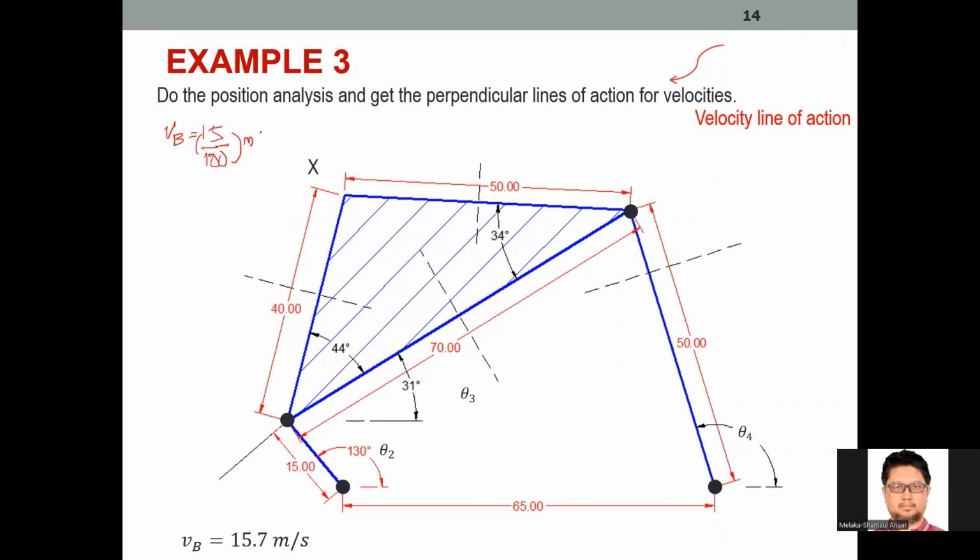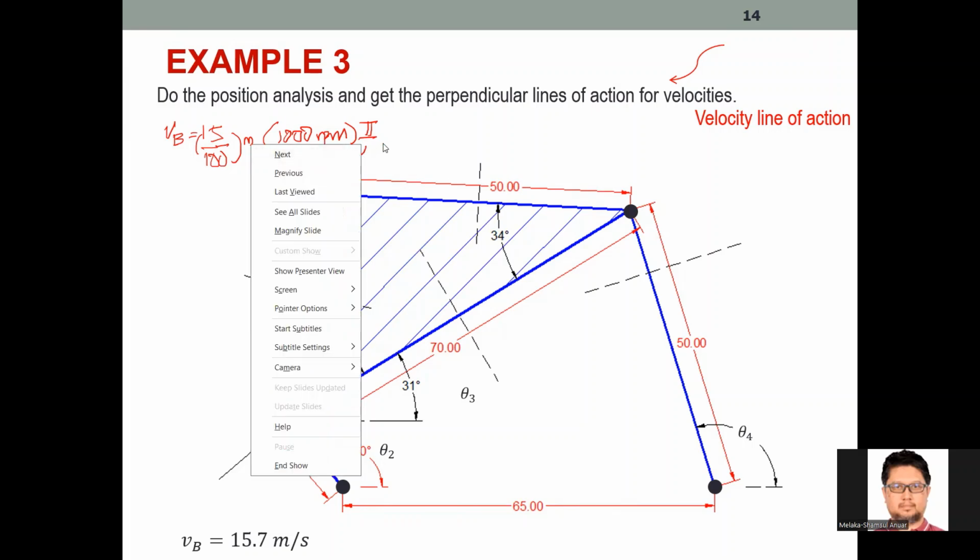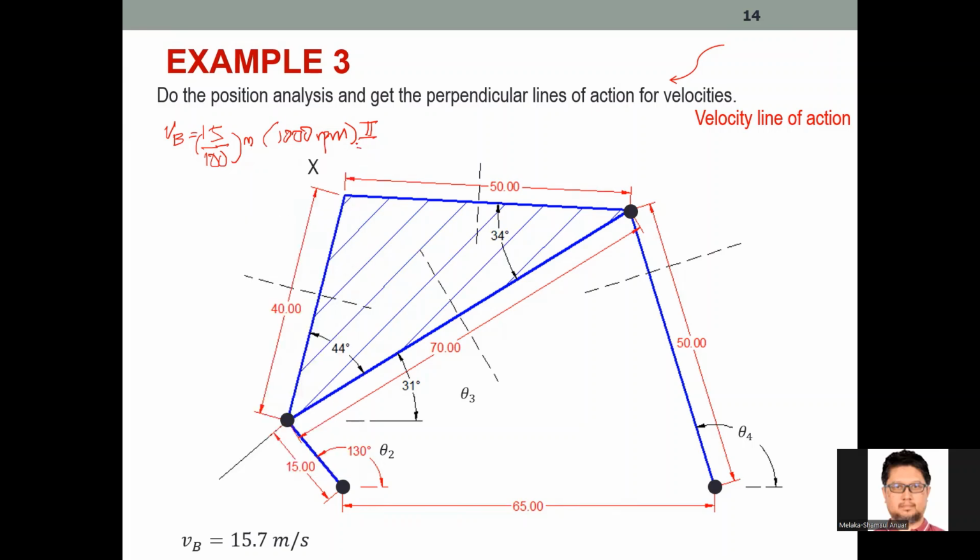That is our R, and then our omega is 1000 RPM. And we have to convert that by the conversion factor. And that should give you 15.71 meter per second.